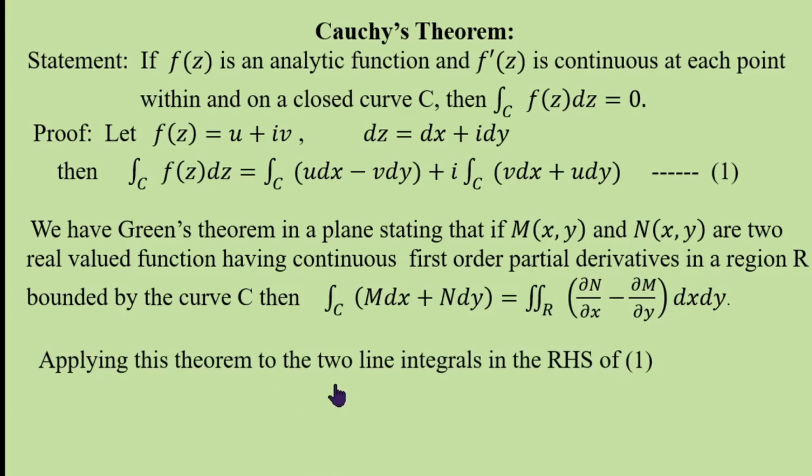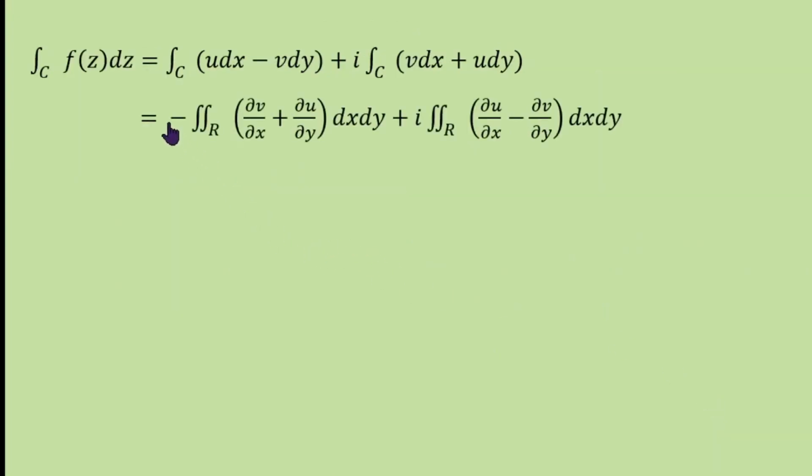So applying this theorem to the two line integrals on the right hand side of equation 1, we get minus double integral over R of dou v by dou x plus dou u by dou y dx dy, plus i into double integral over R of dou u by dou x minus dou v by dou y dx dy. So this is by Green's theorem. Here N is minus v, M is u. Here N is u, M is v.